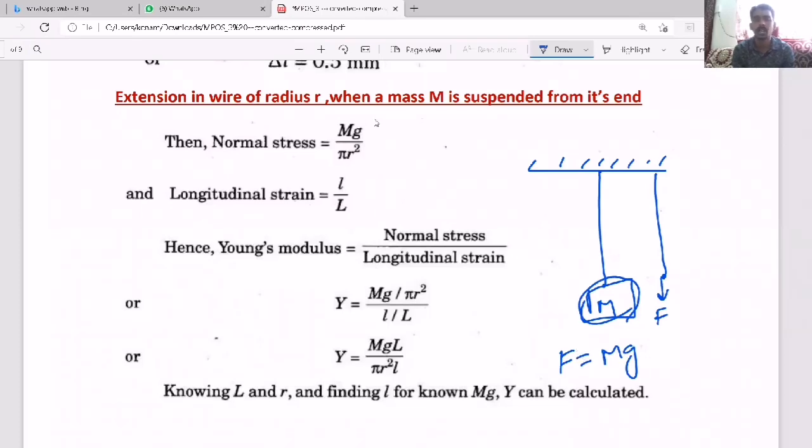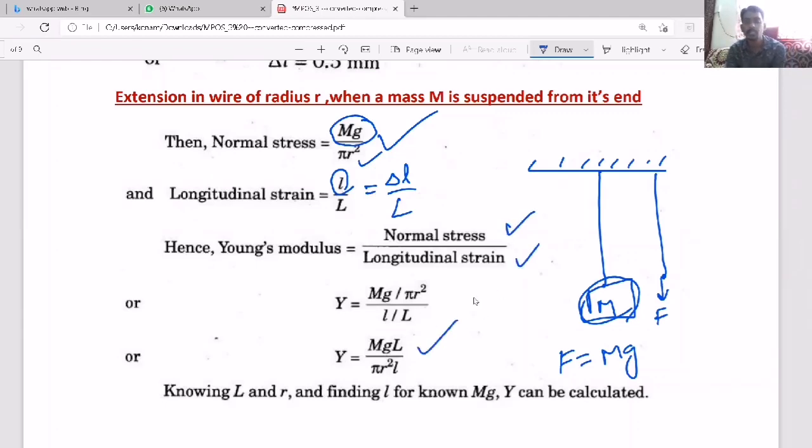Then the stress will become force by area, so force plus mg will come. Area is same, pi r square. And longitudinal strain means delta L by L. Here delta L they have taken as small l.